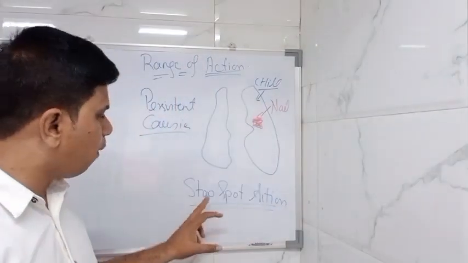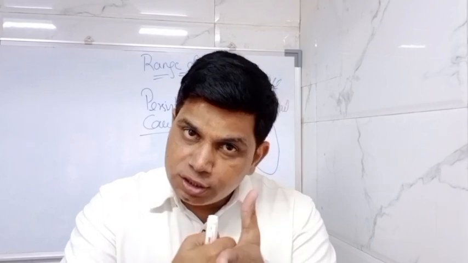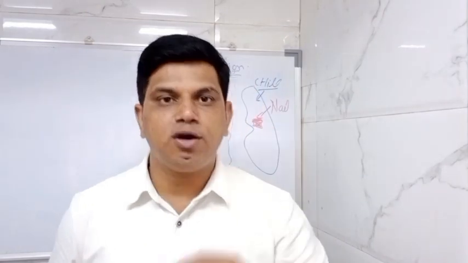The patient does not get completely better. There is a hindrance. Partial relief happens. And we are wondering, our remedy is right, totality is right, so why is it not going ahead? What is the main problem? The problem is stop spot action. There is some persistent cause which is stopping your remedy from acting.